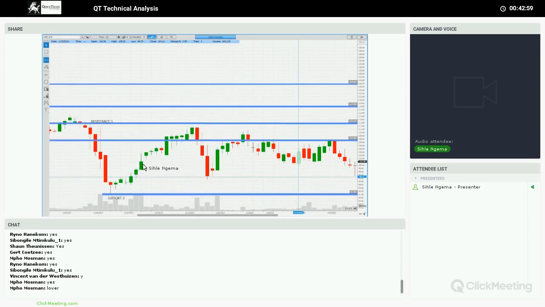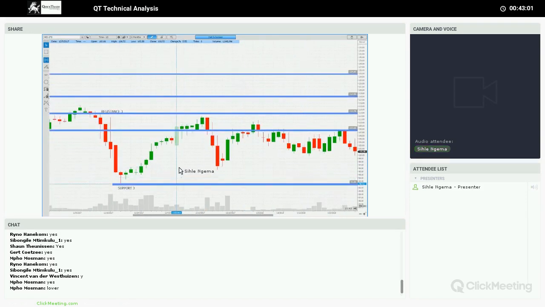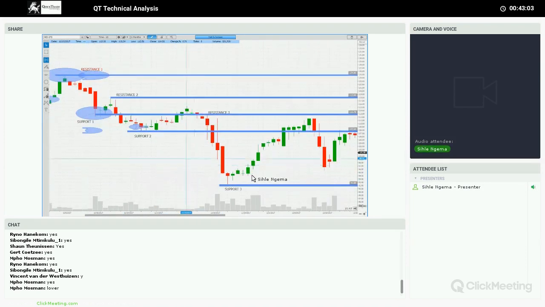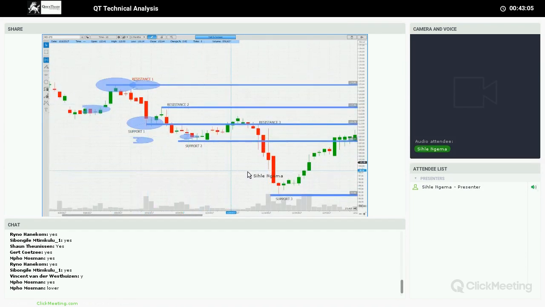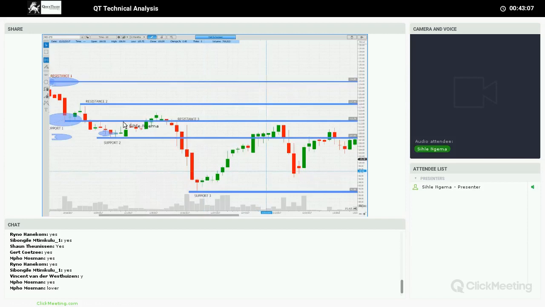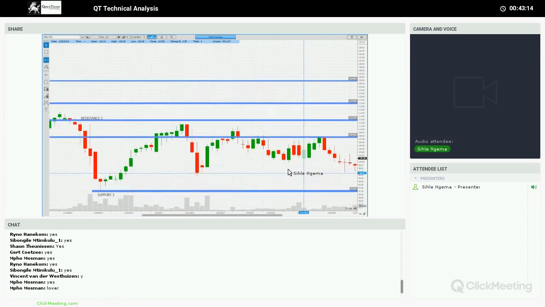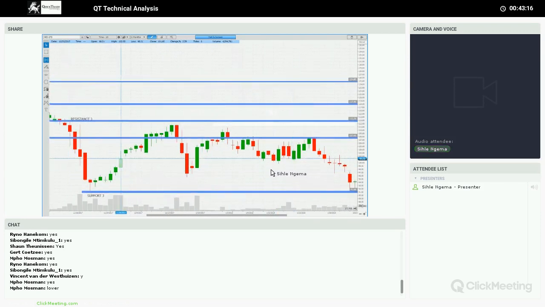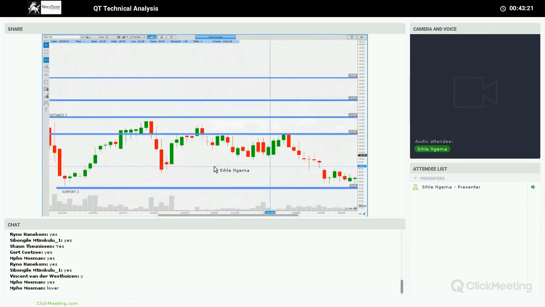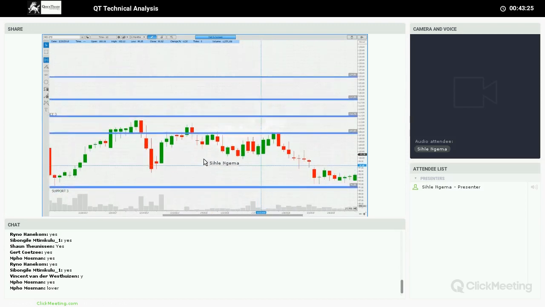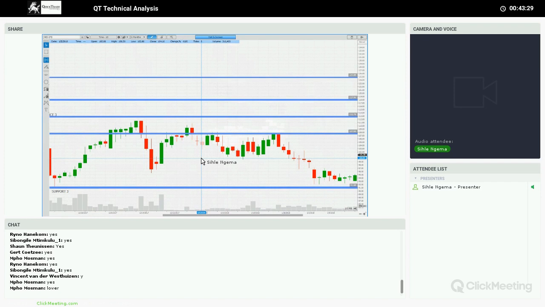Now, from this particular downward trend, I'm going to move forward on the chart of Mediclinic. We have just identified a bearish trend. I'm going to go up. Let's see what other trend we can find from this bearish trend of Mediclinic. There we have it. Now, as you can see, from support 3 up until my chart right now, I have hidden all of those resistances and supports that we have seen.